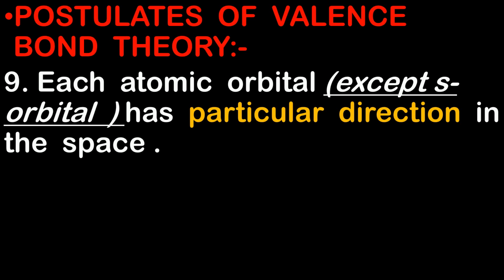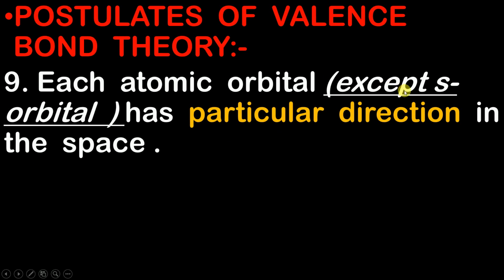The pz orbital is along the z-axis, the py orbital is along the y-axis, the px orbital is along the x-axis. So each orbital is aligned in a particular direction. So each atomic orbital has a particular direction in space.